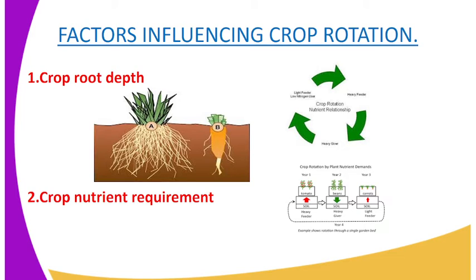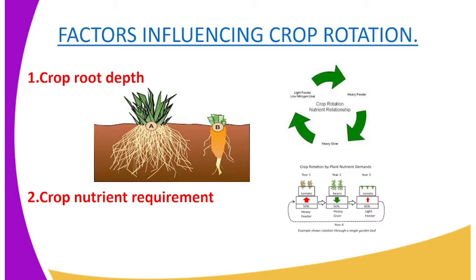Then number 2, the second factor is the crop nutrient requirement. As far as crop nutrient requirements are concerned, in the rotational program you are supposed to realize that there are crops which are heavy feeders. They normally require a lot of nutrients in the soil.